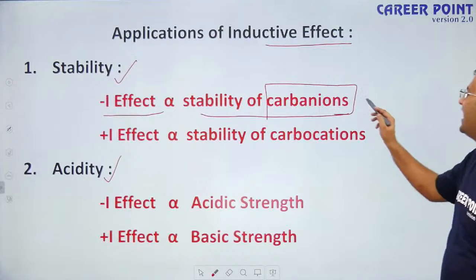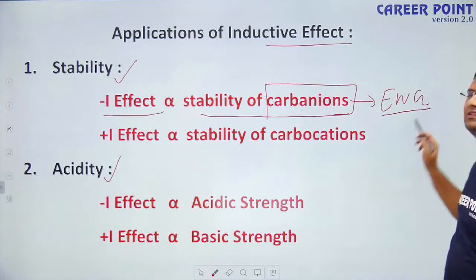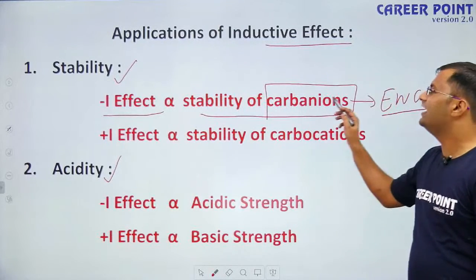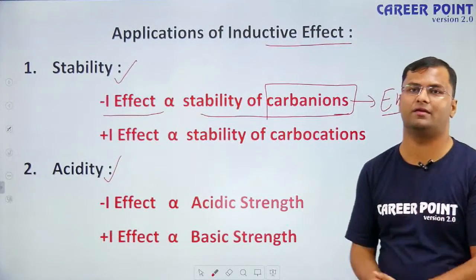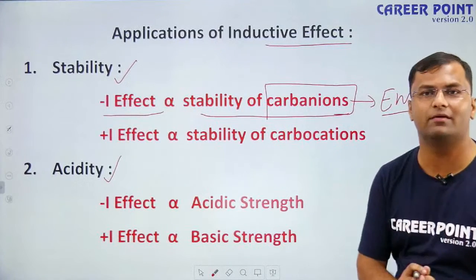Or we can say that any electron withdrawing group attached to a carbanion increases the stability of the carbanion. Clear?